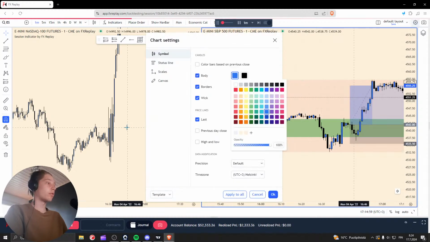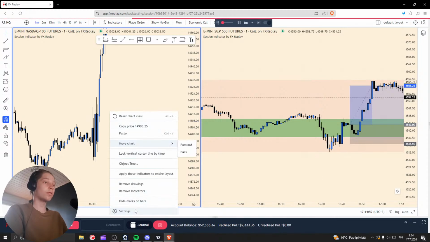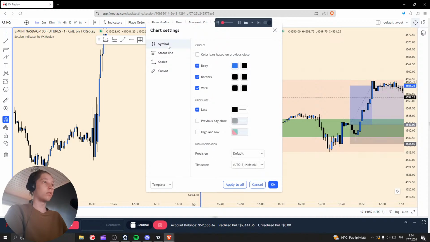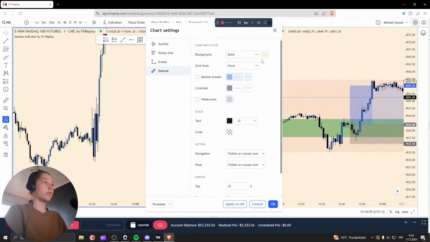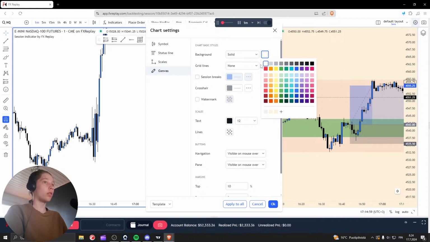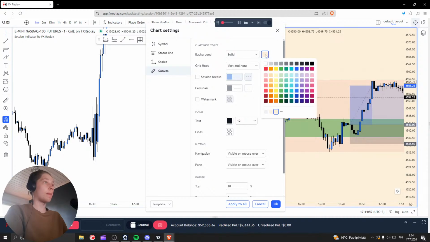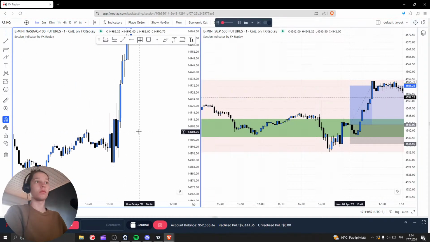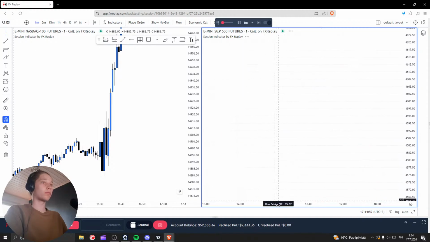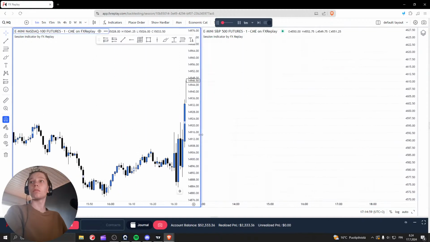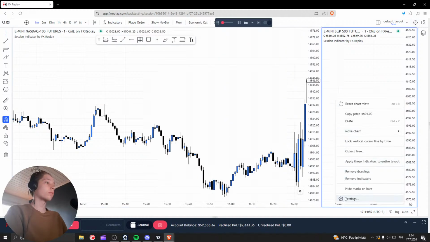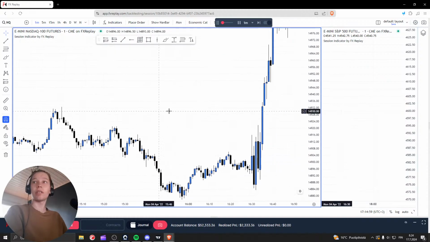I want the same tone, you know what I'm saying? I'll just put the canvas white. Grid lines, there you go. For some reason I like the grid lines.